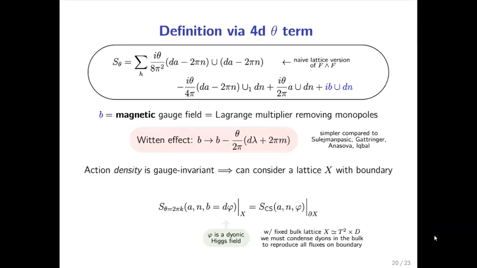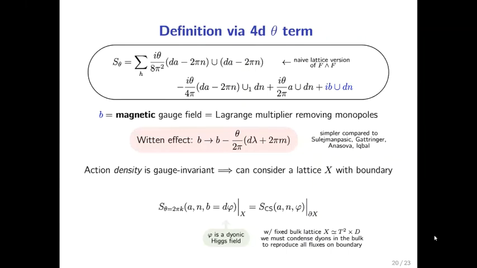And because B transforms also under electric gauge transformations, this phi is really a dionic Higgs field. The reason we have to Higgs the magnetic gauge field is because in order to reproduce all configurations on the 3D boundary, we need to sum over all monopoles in the bulk.